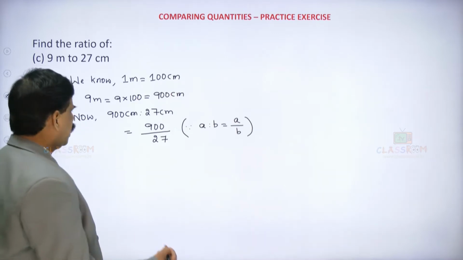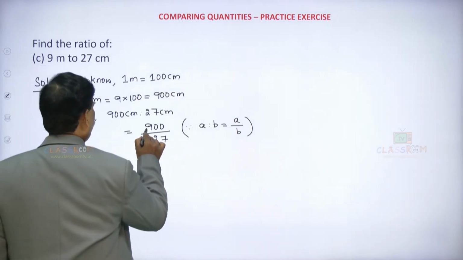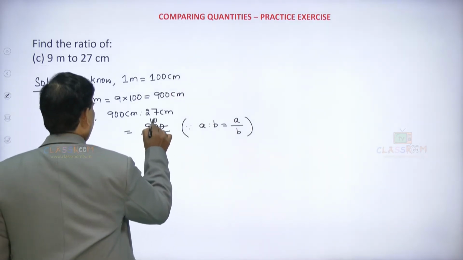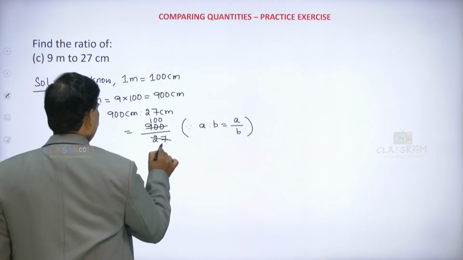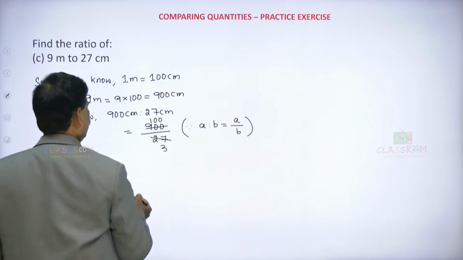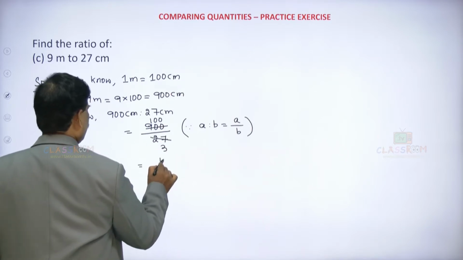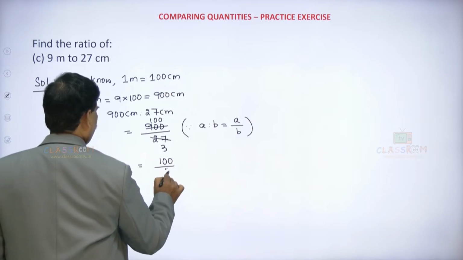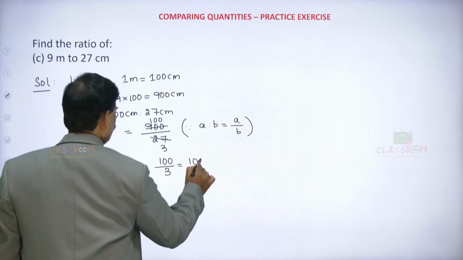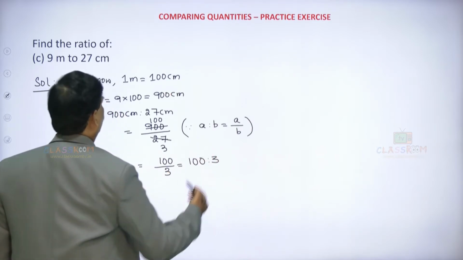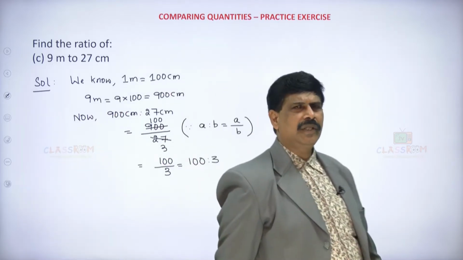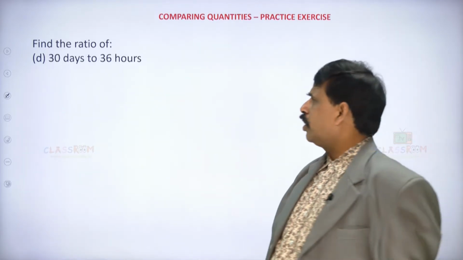So now we can go with 9 actually. 9 hundreds, 9 threes. 9 threes are 27. So it is 100 by 3, which we can write as 100:3. It's clear? See the next one now.